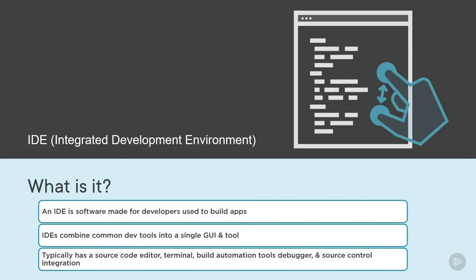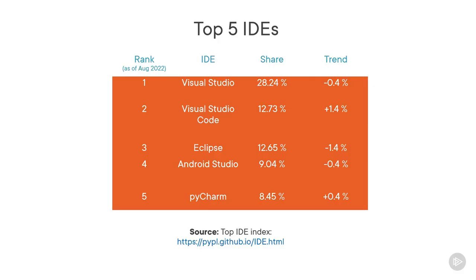So for example, in the context of Python, we might want to store all of our Python code on GitHub, and we want to access that from our IDE. Well, many of the IDEs out there have that capability where they integrate directly with Git and integrate directly with tools like GitHub.